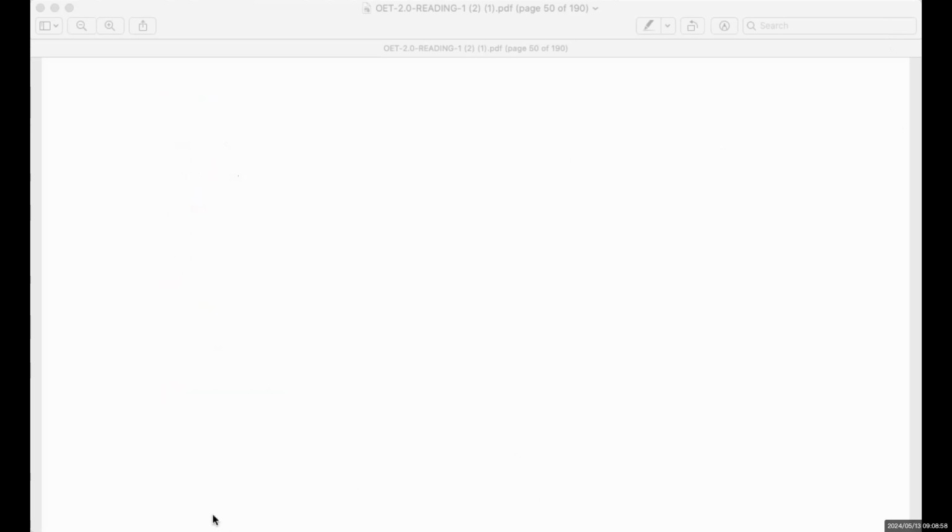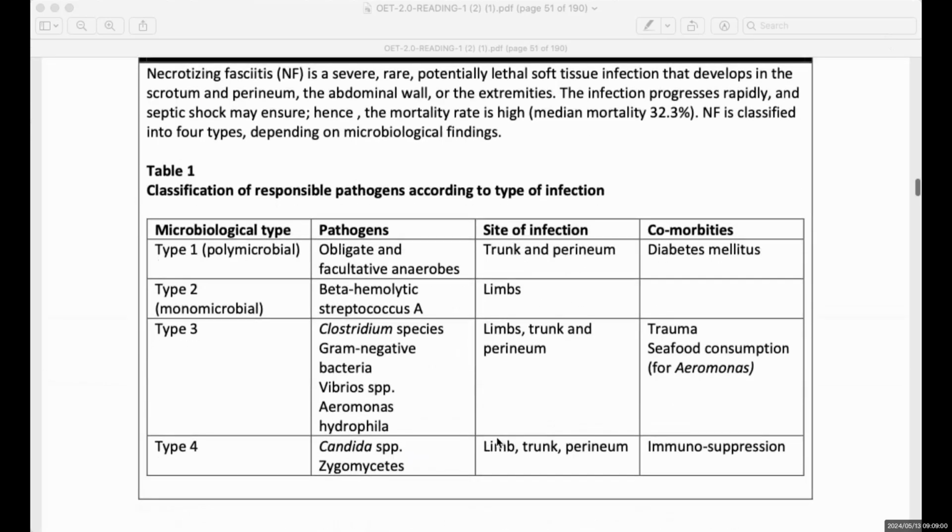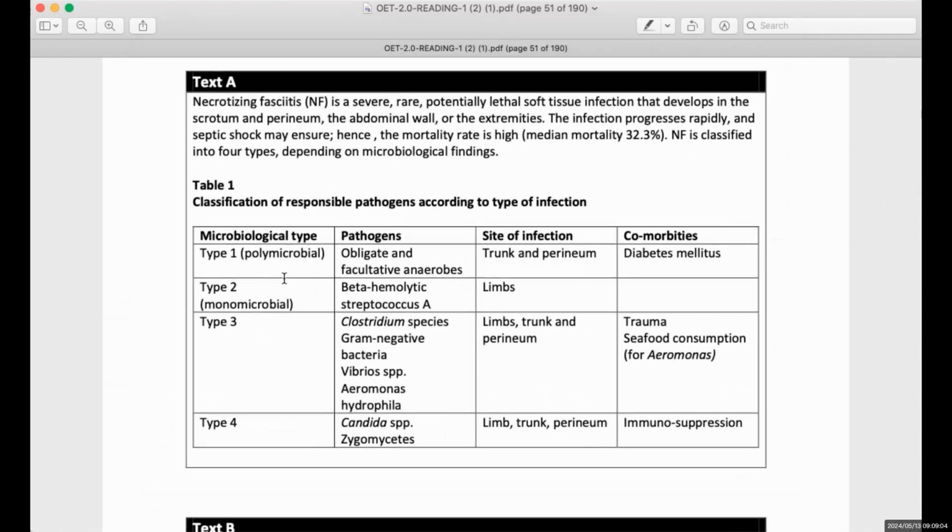So let us start getting acquainted. Let us start. So see this. So this is text A. I'll give you a minute. Just have a read. I'll tell you how to do it. Just read, and I'll tell you how to do it. Going to discuss everything.